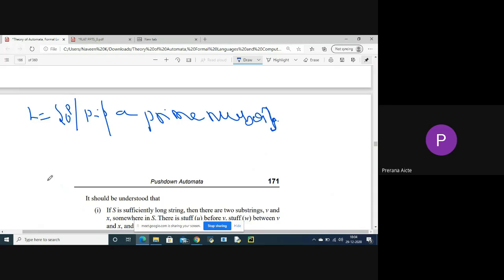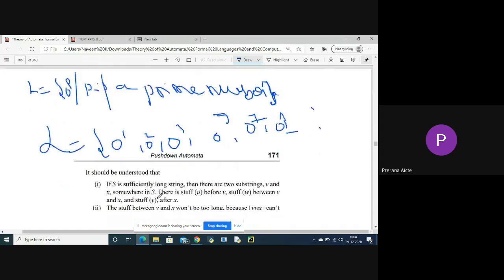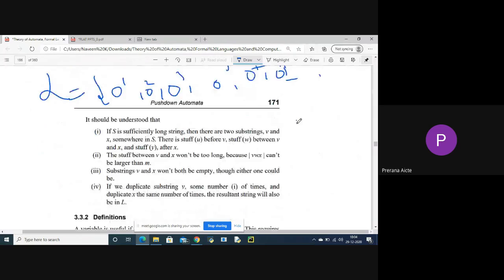So L is equal to 0 power 1, 0 square, 0 cube, 0 power 5, 0 power 7, 0 power 11, and so on. If I take the string 0 power 5, then it is represented by 0, 0, 0, 0, 0.